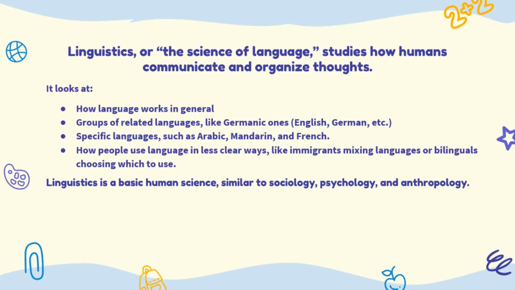It looks at how language works in general, groups of related languages like Germanic ones, English, German, etc., specific languages such as Arabic and French, and how people use language in less clear ways, like emergence, mixing languages, or bilinguals choosing which to use. Also, linguistics is a basic human science similar to sociology, psychology, and anthropology.